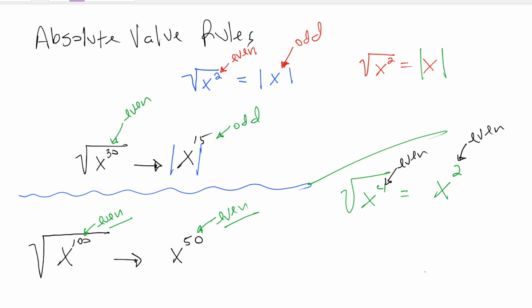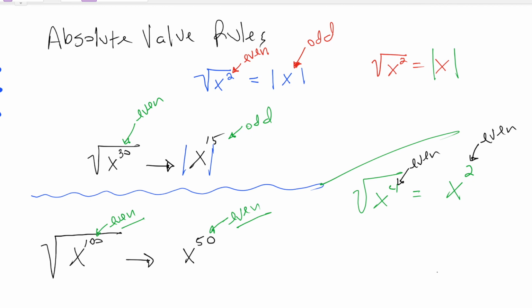If you have even, odd, then you've got to have your absolute value. Even, odd, you need the bars. If you have even, even, no bars.